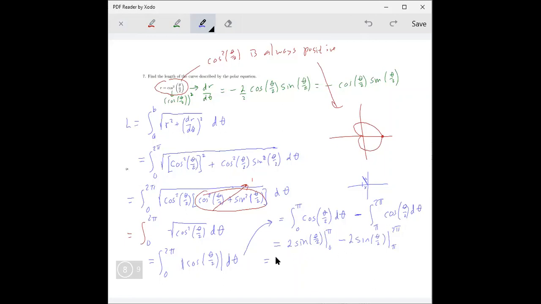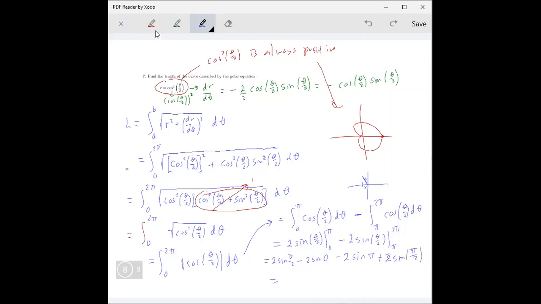Okay, so we put a pi in first. That's going to be 2 sine of pi over 2. And then subtract and put 0 in, 2 sine 0, and that's 0. Now I put in the 2 pi here. That's minus 2 sine of, if I put 2 pi in here, I get pi. And then subtract, but that's actually plus 2 sine of pi over 2.